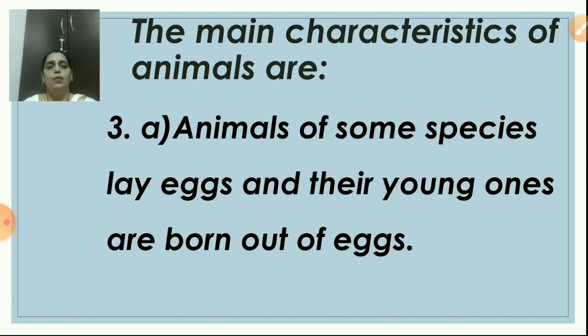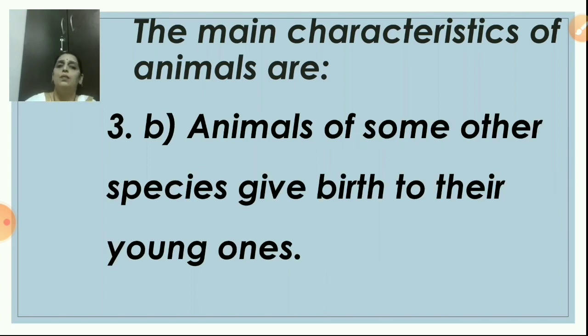Now the next, animals of some other species give birth to their young ones, like a dog gives birth to puppies, a cat gives birth to kittens. As you have seen, even we human beings give birth to small kids.